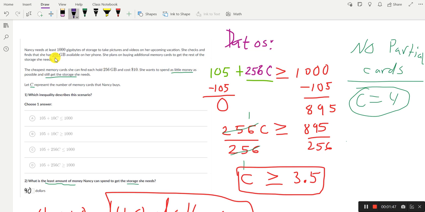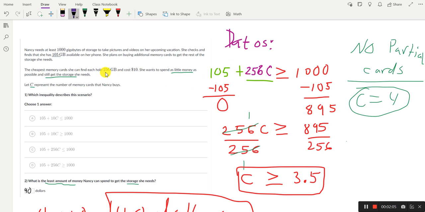All right, she has already 105 gigabytes. So establish your inequality. We already have greater than or equal to 1,000. Now, on the left side, you have 105. That's what she already has.